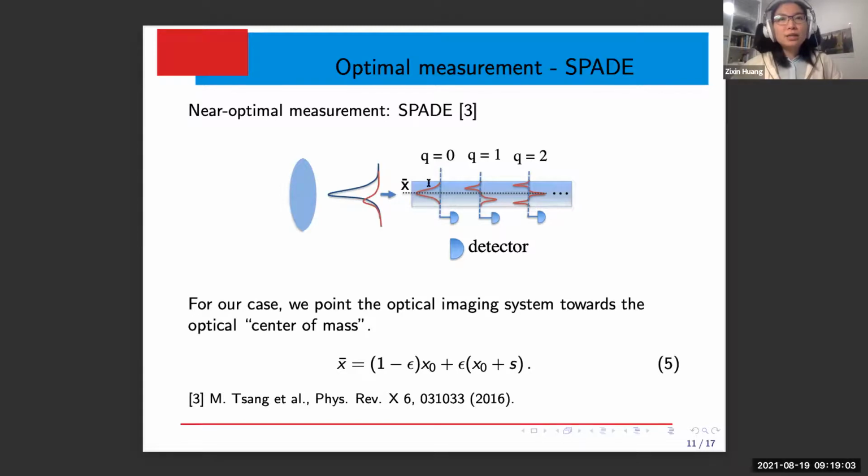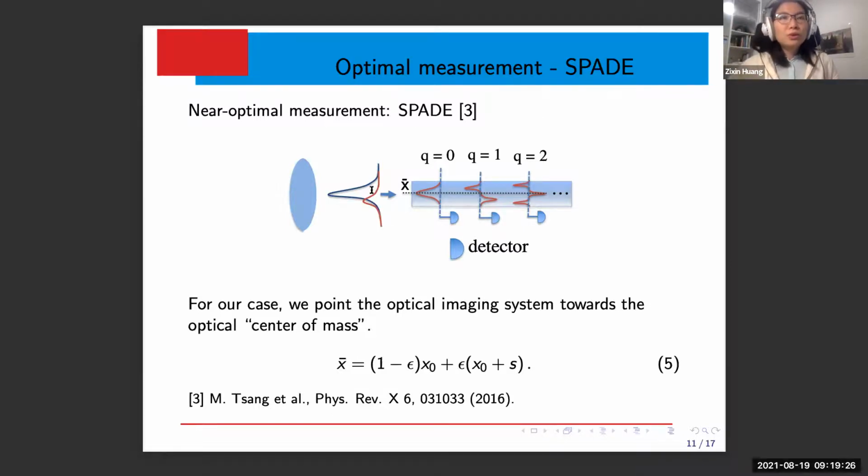Physically this is a multimode fiber, and inside the multimode fiber there are these natural Hermite Gaussian modes. So for Q equals 0, it's the first order Gaussian, and for Q equals 1, you get a positive and a negative dip, and so on and so forth.